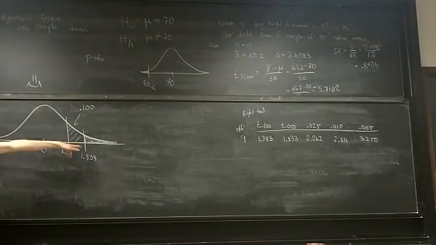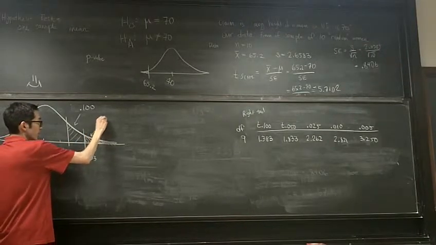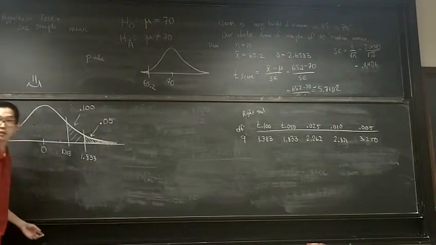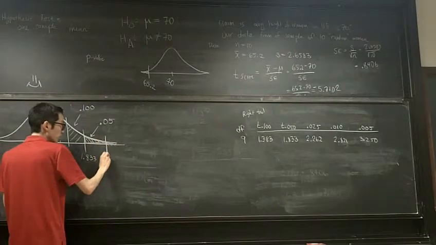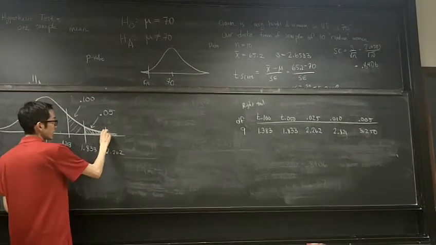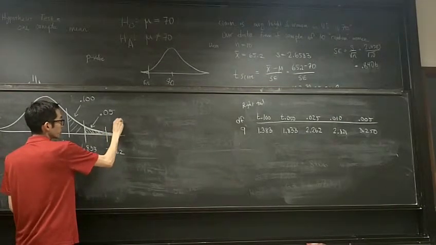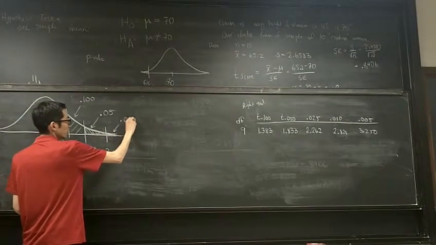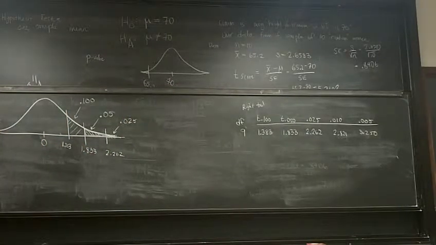And so how much do I have in the tail now? 5%, 0.05. Is that okay? And then if I go even further away to 2.262, the amount that I have in this part is 0.025. Is that okay with everyone?